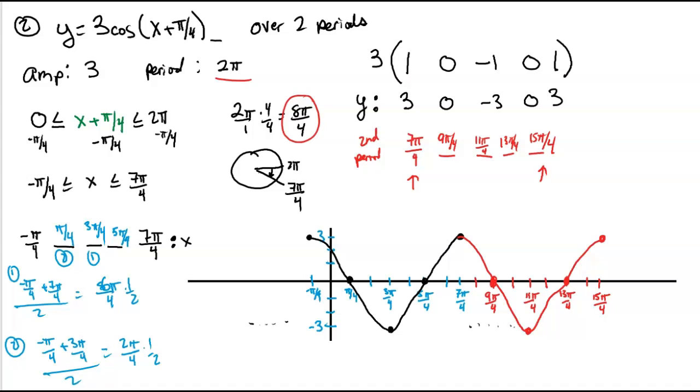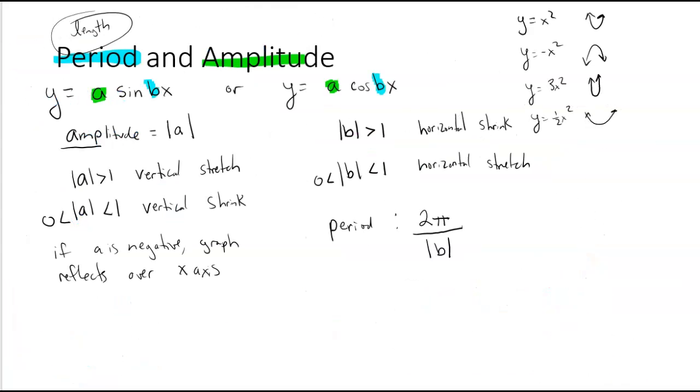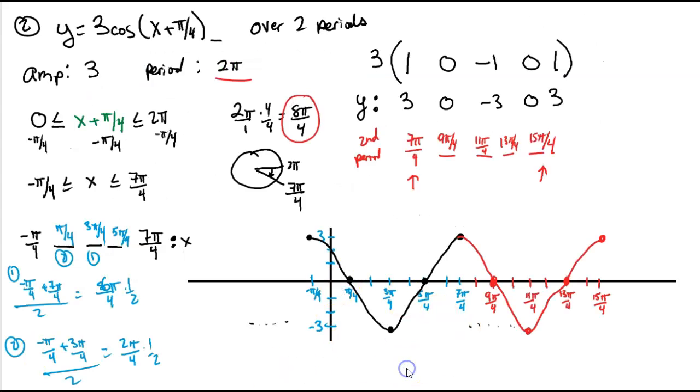Let me change my color to a different color and show you another possible period. There we go. Another possible period is that it ends at negative pi over 4. So if it does that, I just have to go backwards. Instead of adding by 2, I'm now subtracting by 2. So negative 3 pi over 4, negative 5 pi over 4, negative 7 pi over 4, negative 9 pi over 4. Make that number skip, and I get negative 3 pi over 4.